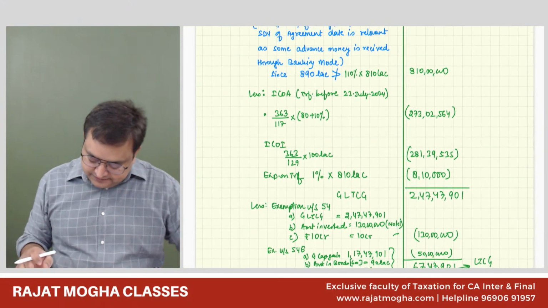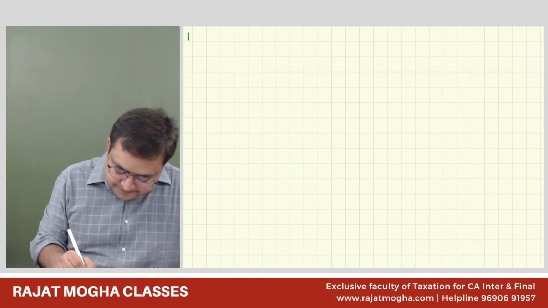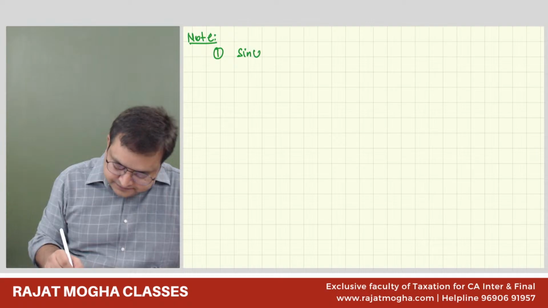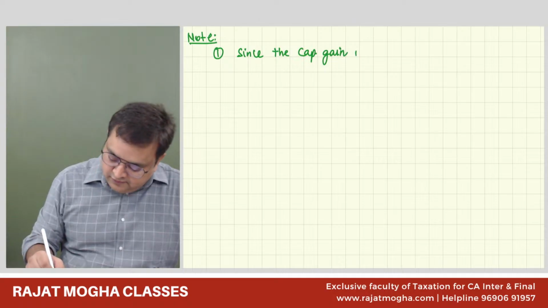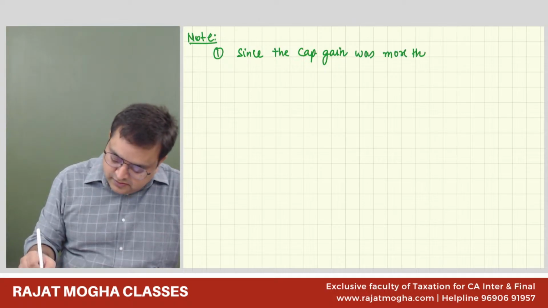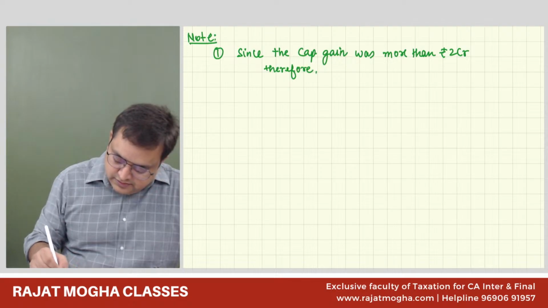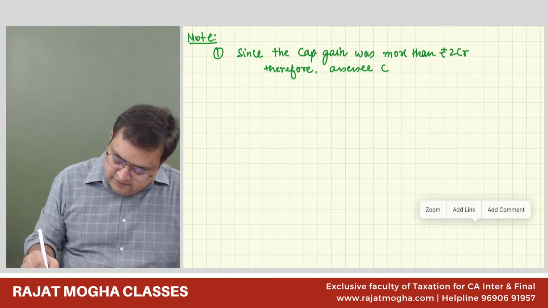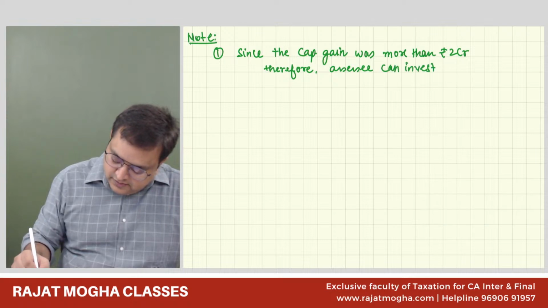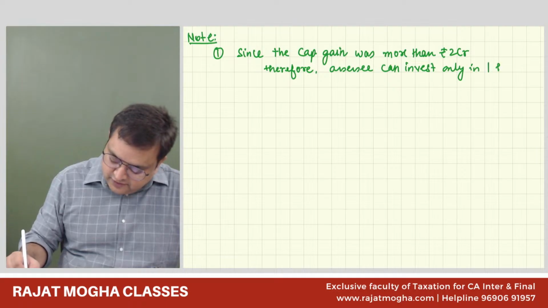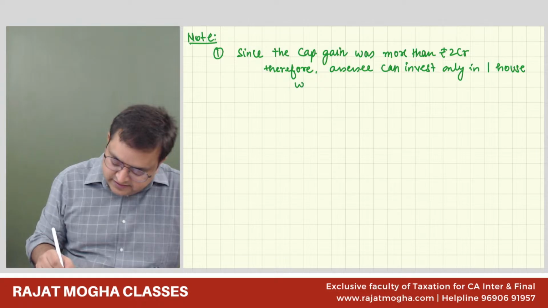Now, in this case, note, you have to tell the examiner that since the capital gain was more than rupees 2 crore, therefore, the assessee can invest only in one house within India.